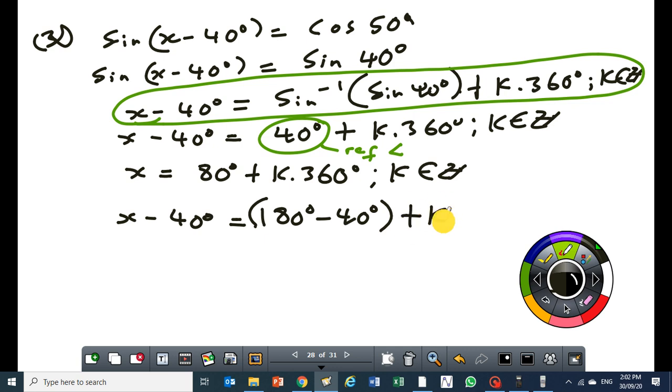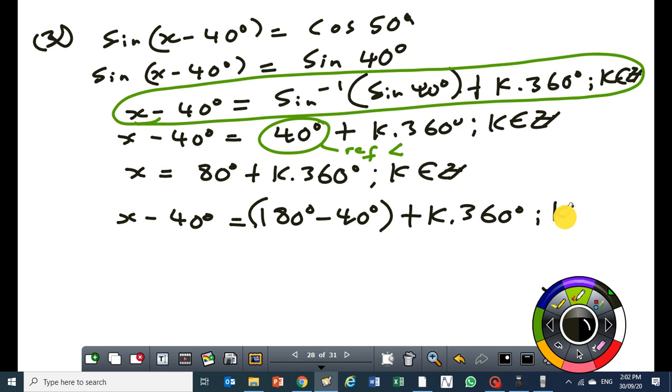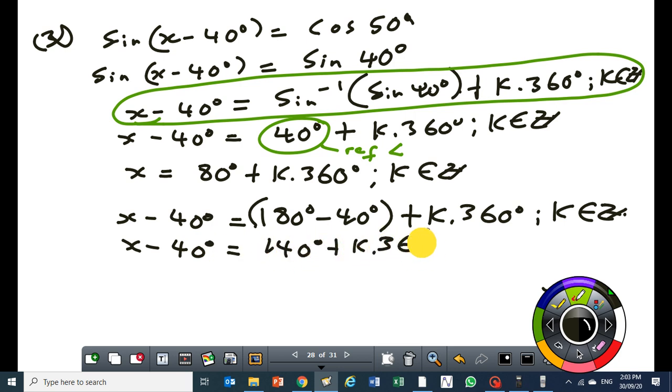Plus k times 360, where k is an element of z. This becomes x minus 40 degrees equal to 140 plus k times 360, where k is an element of z. So we now have two.